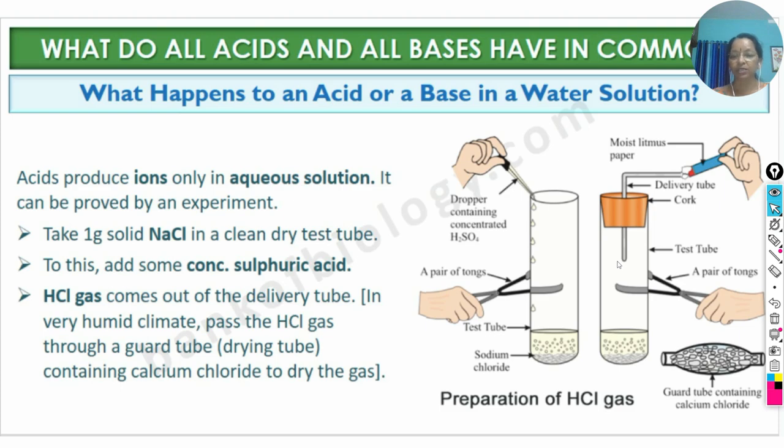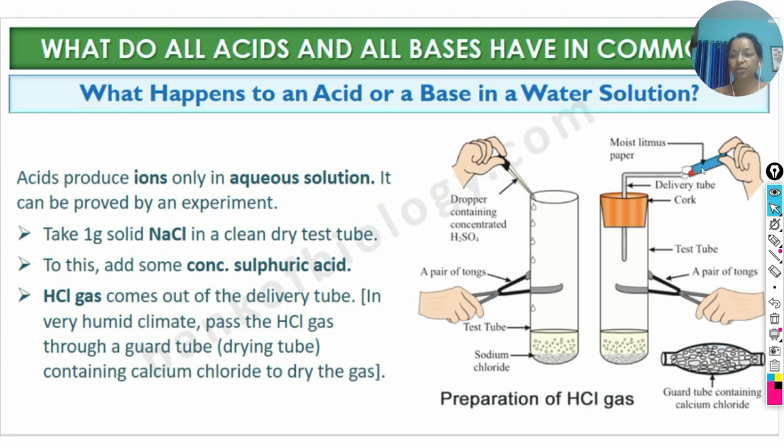We'll make it pure and dry by passing the gas through a calcium chloride block. When you pass the hydrogen chloride gas through this block, it absorbs all the moisture, and what is coming out will be only dry hydrogen chloride.